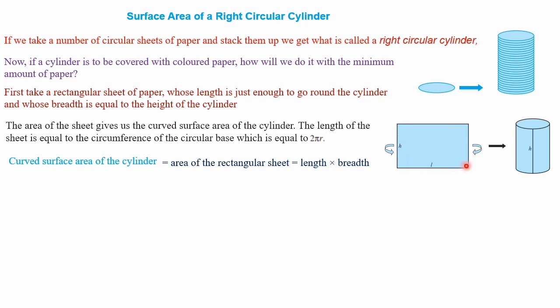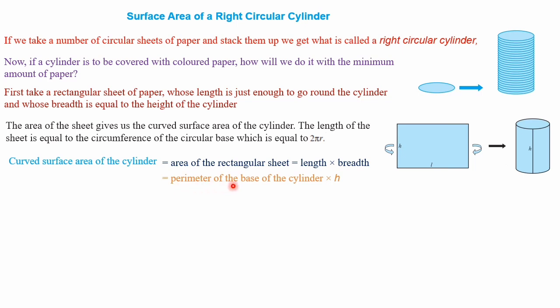Area of a rectangle, we know the formula, is length into breadth. Since it covers the outer portion, the length is the circumference of the circle and the breadth is the height of the cylinder. So let's substitute it.